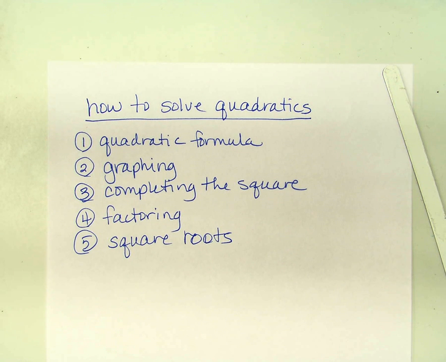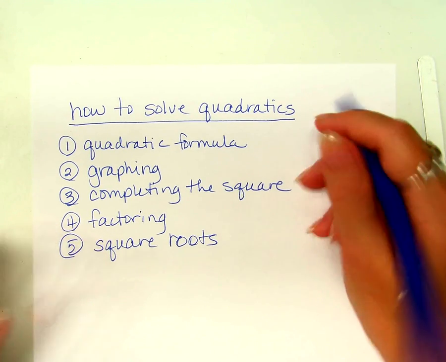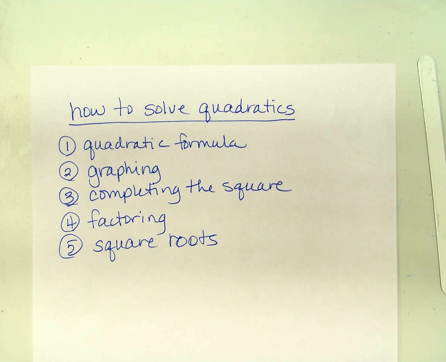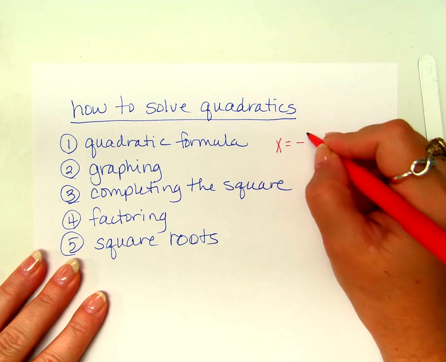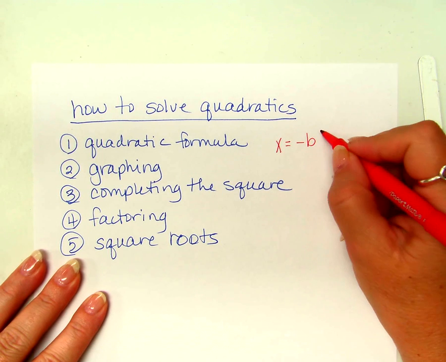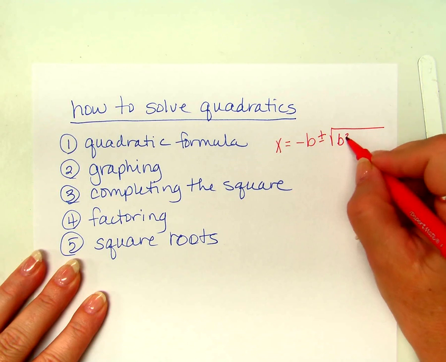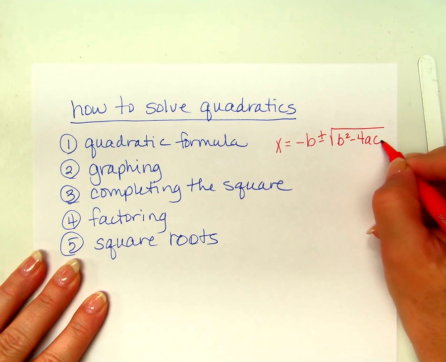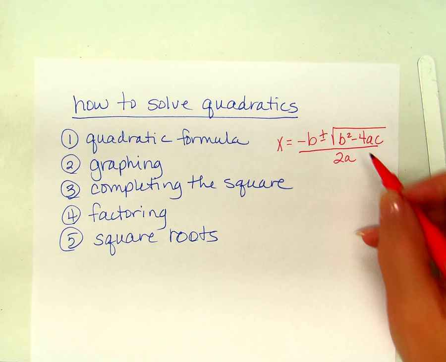So we dealt with the quadratic formula at the end of last week. So let's make sure we remember how it goes. Well, let me get a different color marker because that's exciting. X equals -b plus or minus the square root of b squared minus 4ac all over 2a.